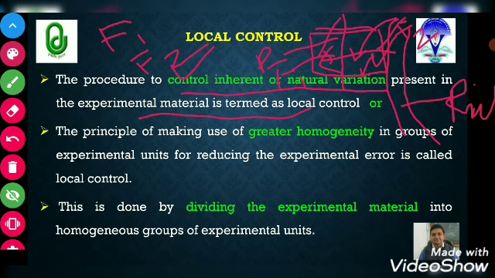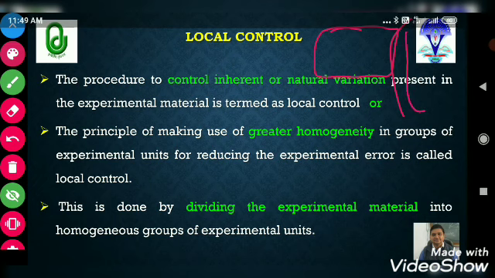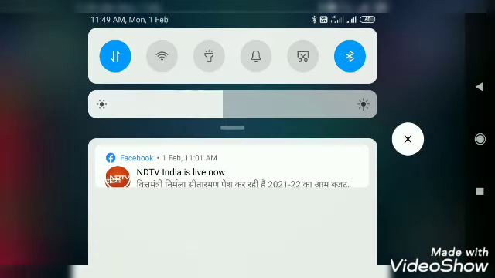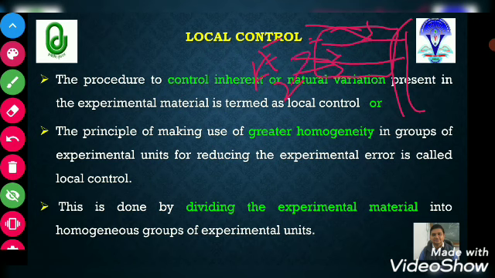So in order to control this inherent variation in the land, we will apply local control. How do we apply local control? Suppose this is the field and here the river is flowing. I will divide the experimental material, that means the field, into these three blocks, and I will apply the treatments like this: F1, F2, F3, then F1, F2, F3.